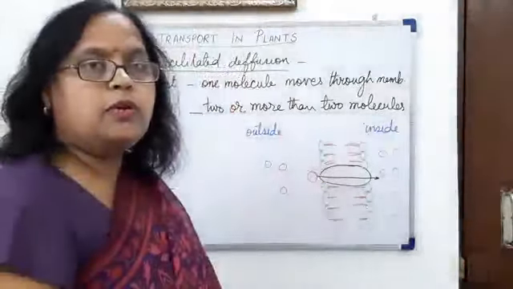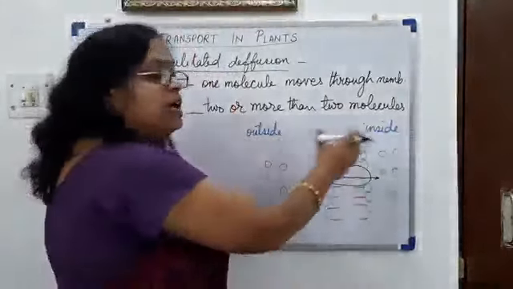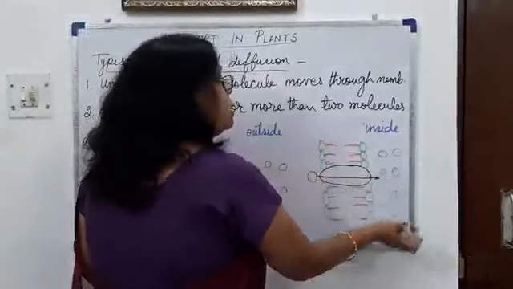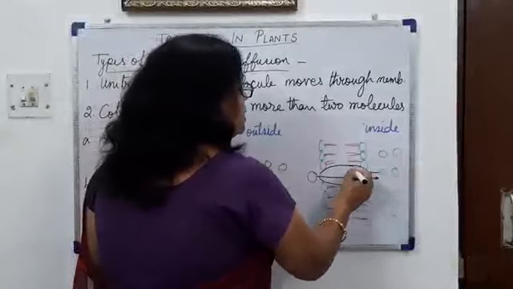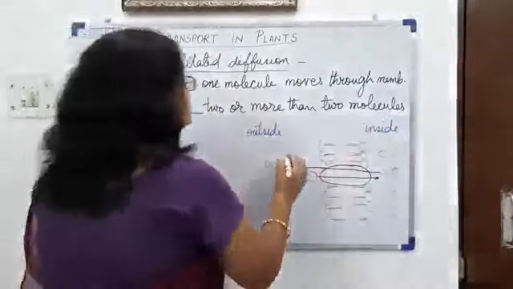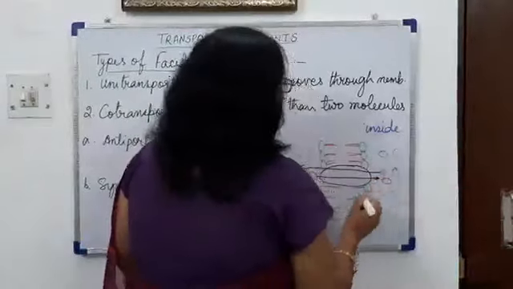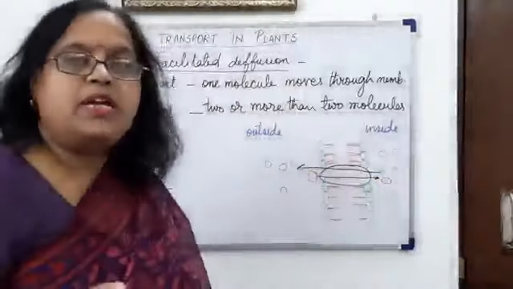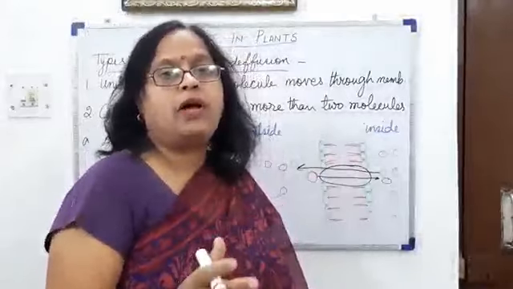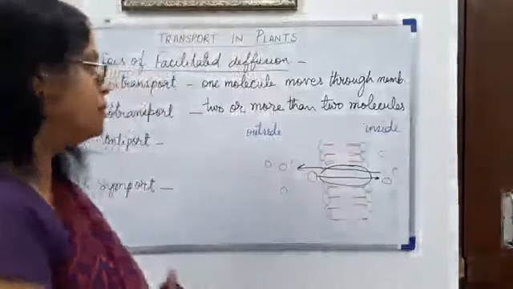One molecule will simultaneously move from outside to inside, and at the same time the other molecule will move outside. This is called antiport. Two molecules are moving, but both of them are moving in the opposite direction at the same time.